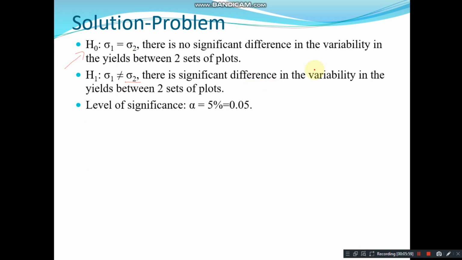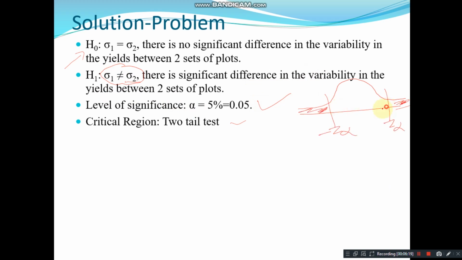What is the level of significance? We are assuming 5%, 0.05. For the critical region, because the alternate hypothesis is not equal to, we have to take the two-tailed test. The two-tailed test means there is error on both sides. So what is the acceptance region of H naught? Minus z alpha to z alpha. The area of z alpha is alpha by 2, because it is a two-tailed test.